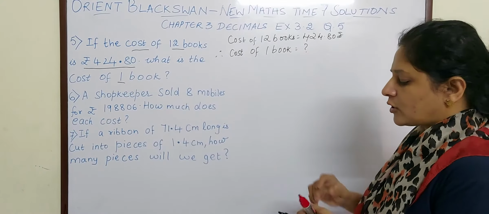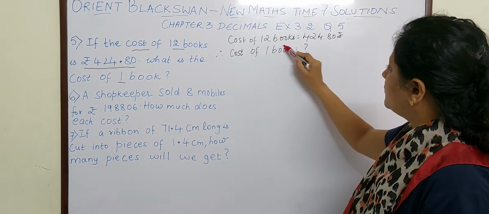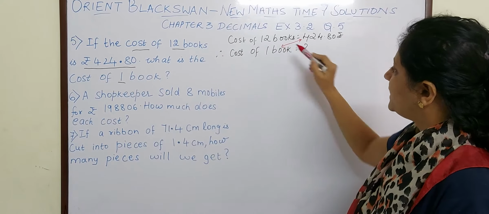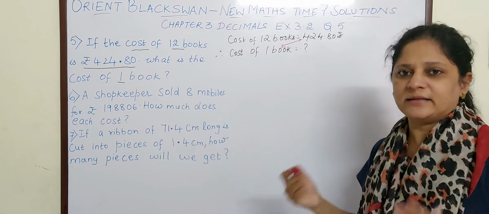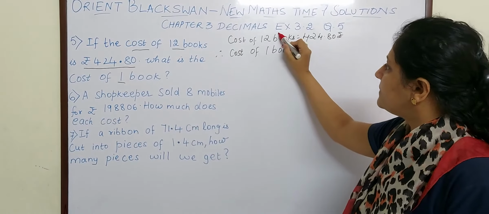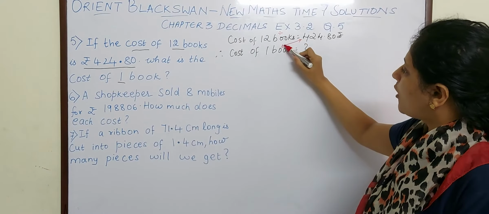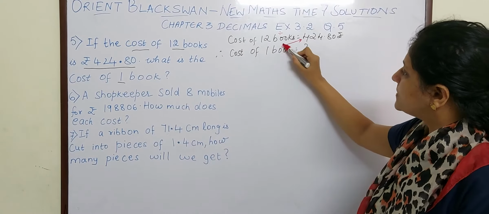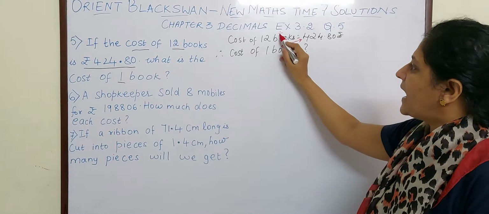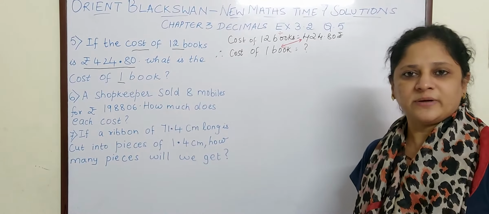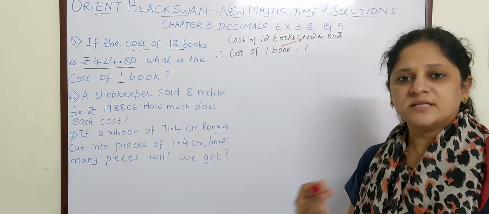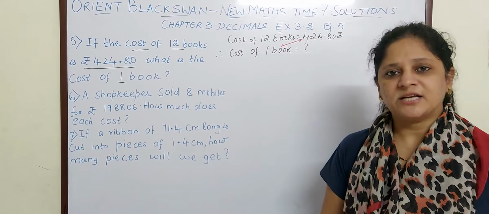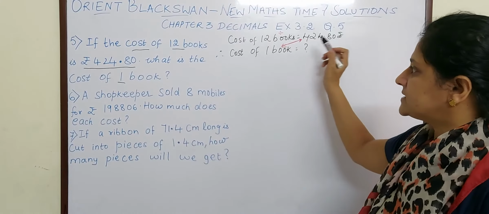So if you cross multiply 1 into 424.80, any number multiplied by 1 is the number itself, 424.80, and what is remaining? 12 is remaining. So always what you do, you cross multiply these both numbers and whatever is remaining has to be divided. So by this method also you can find out whether this word problem is a multiplication or a division. So let us start dividing.